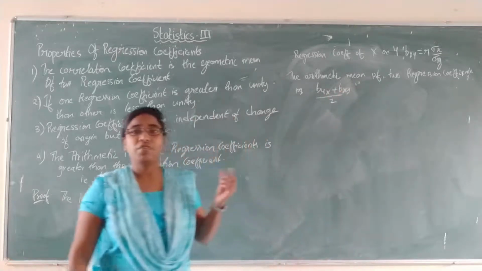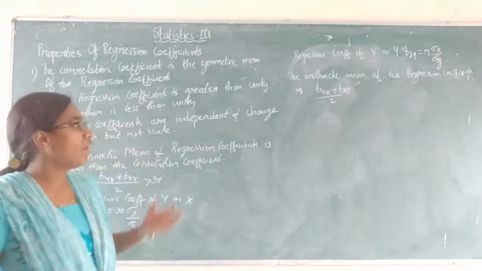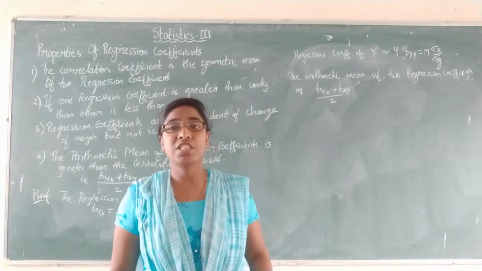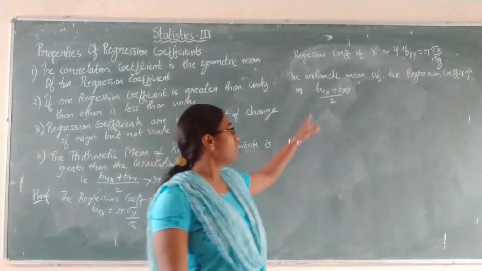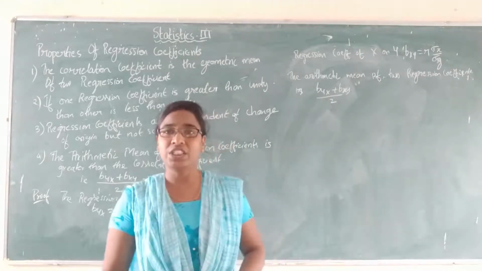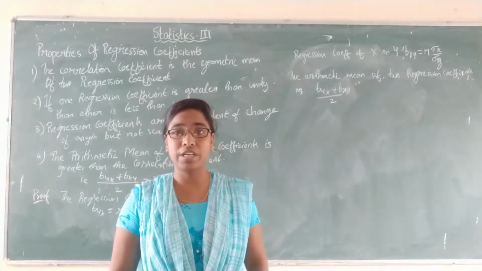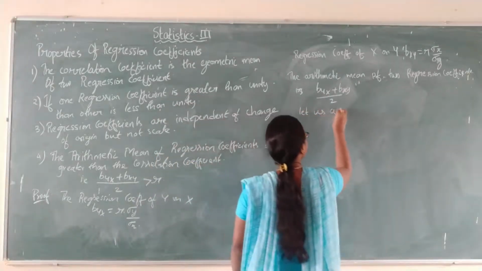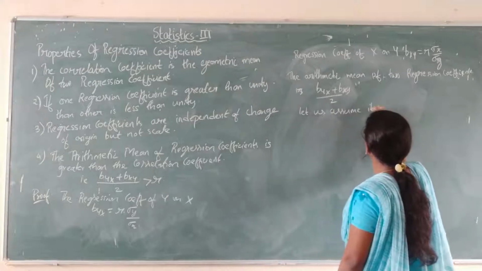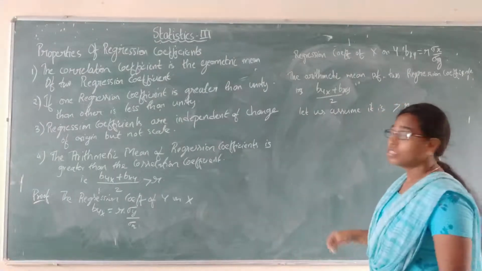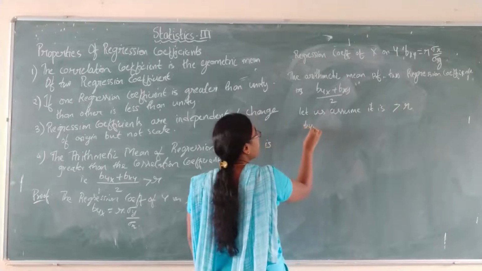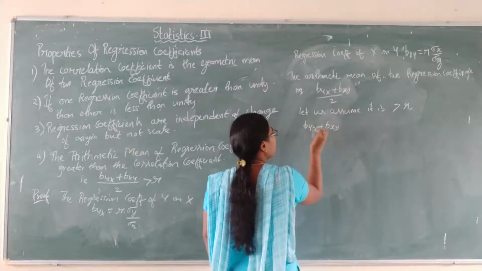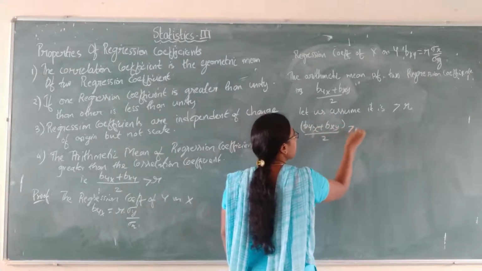So before finding the arithmetic mean, we are assuming that it is greater than r. First we will make an assumption that this value is greater than r and check whether it holds or not. So let us assume it is greater than r. So b_yx plus b_xy by 2 is greater than r.